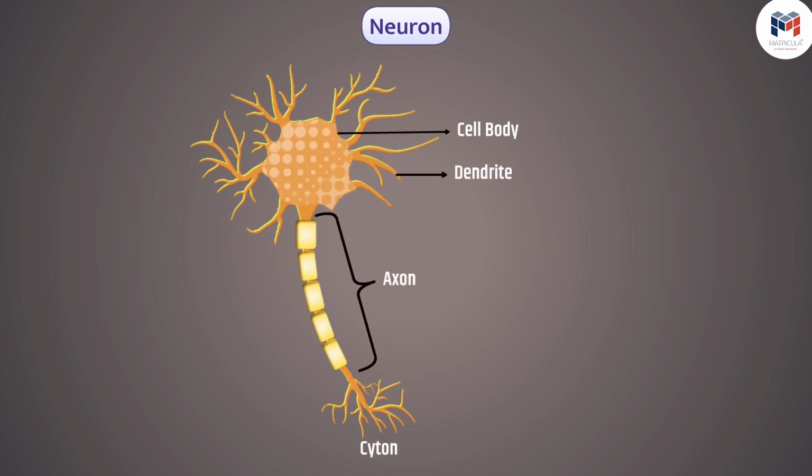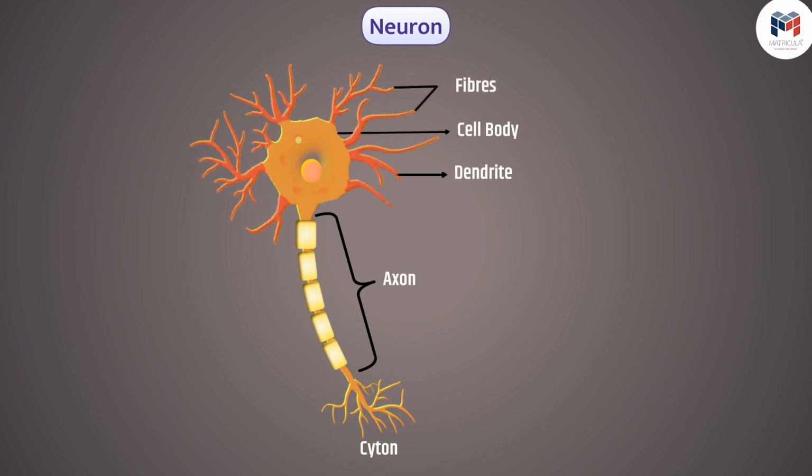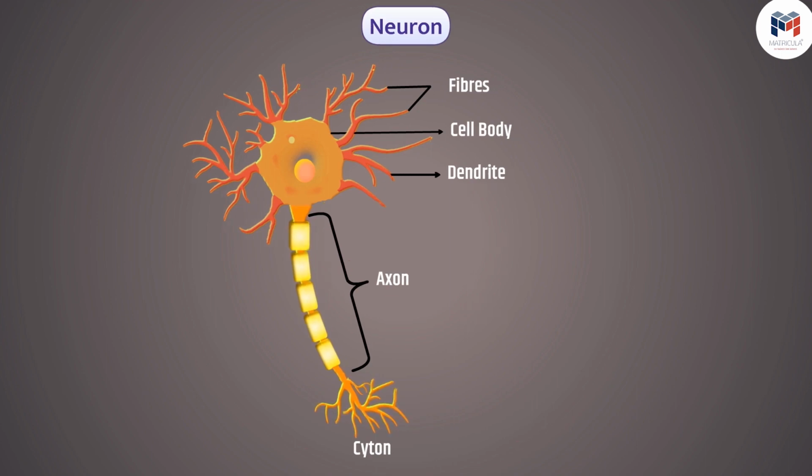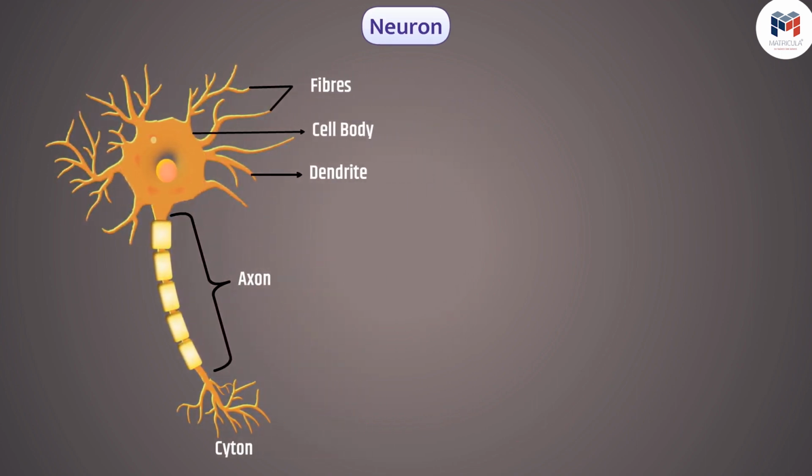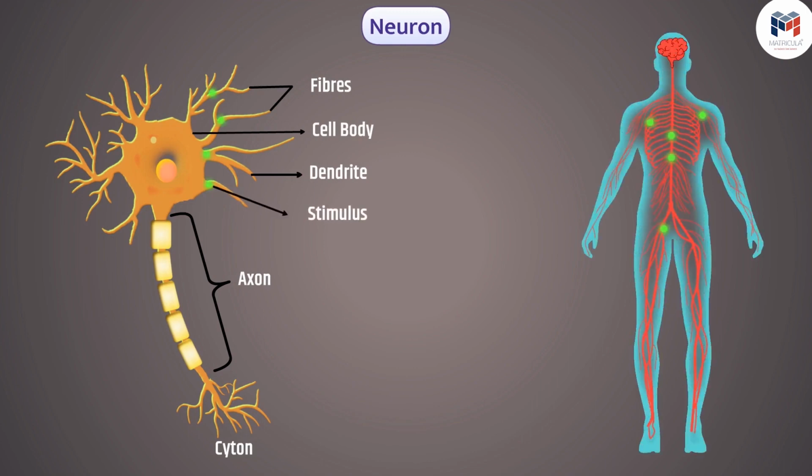The cell body is shaped like a star, from which small fibers, that is dendrites, and a nerve axon originate. A neuron transmits information of a stimulus from one part of the body to another through electrical impulses. Let's talk about it in detail.